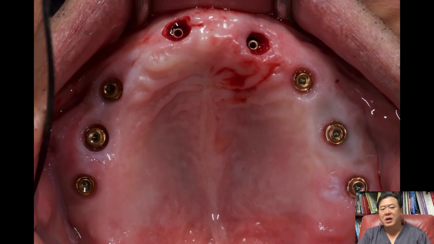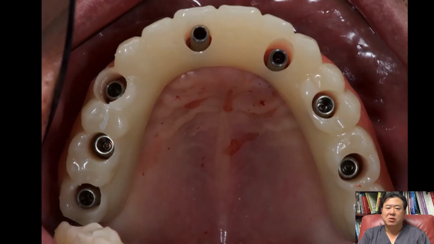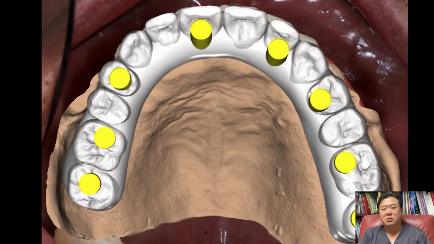Nonetheless, all 8 implants were placed as planned and multi-unit abutments were connected. Temporary cylinders were connected and provisional bridge was connected to the temporary cylinder like this.